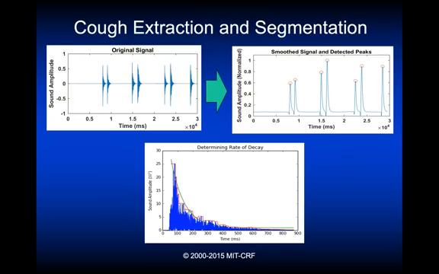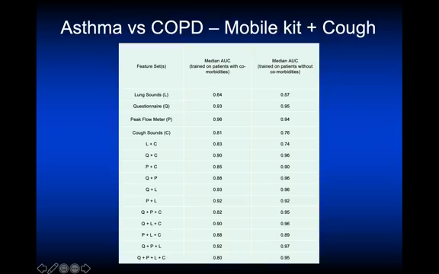So we're able to do that classification. These plots show some of the processing that we do on the cough sound. First we find the individual cough events, and then we look at each peak and extract some mathematical features. And when we combine this with the other tools in the kit, it helps improve our results.